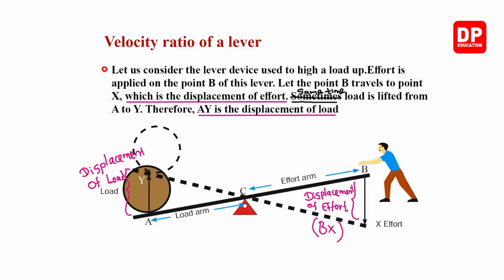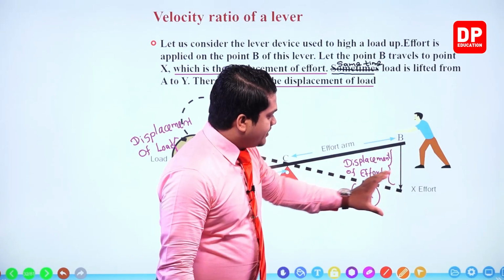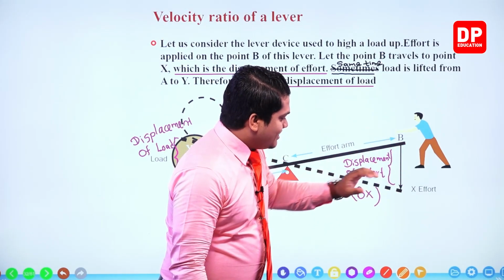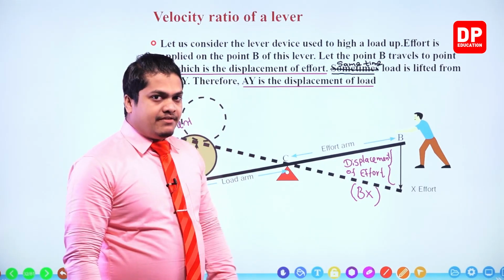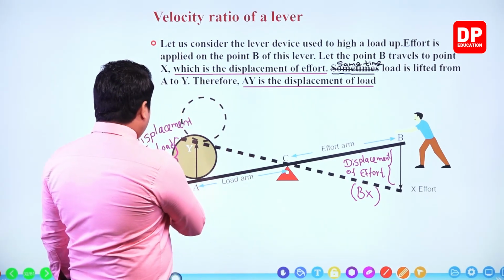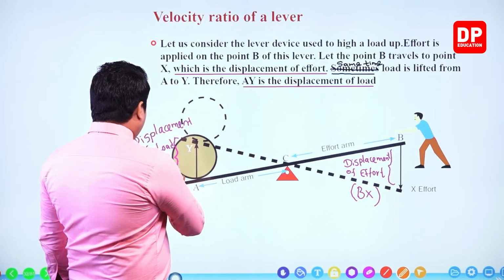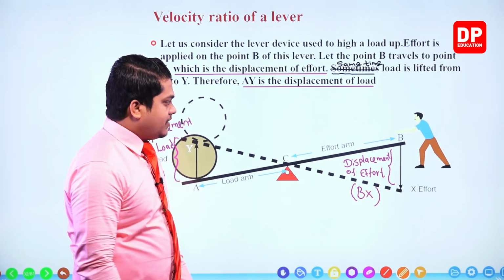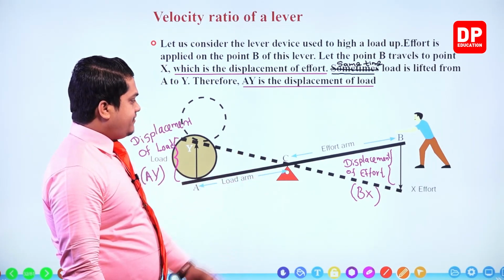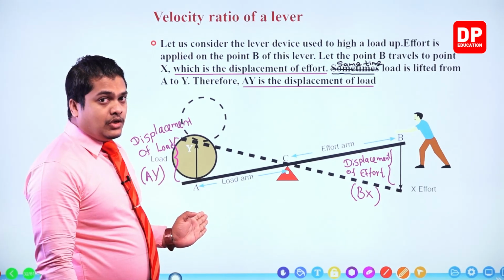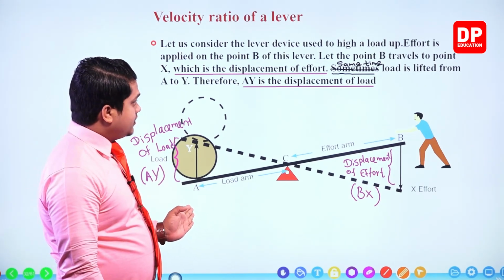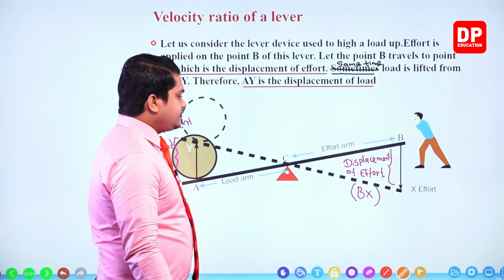This particular height is the displacement of the load. This particular length is the displacement of the effort. So I'll mark here Ay. I hope that you got the idea about the displacement of the effort and the displacement of the load, right?